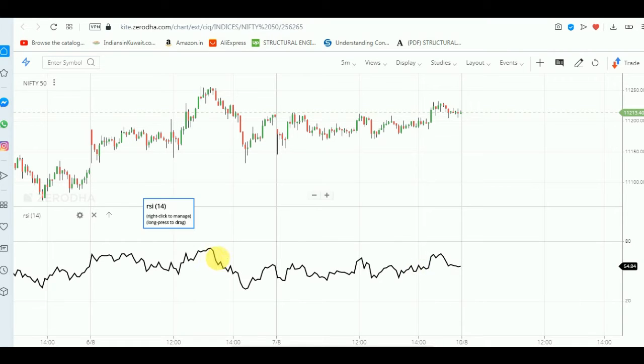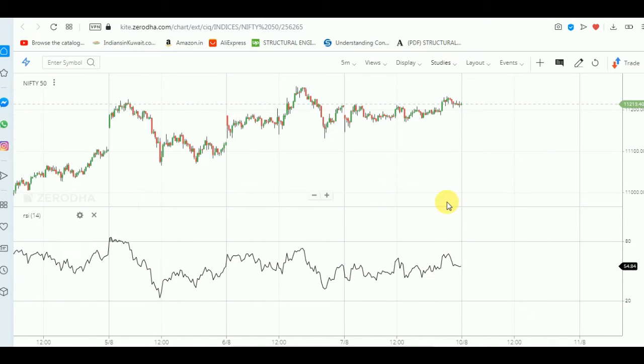And if this RSI moves above 80 levels, it means the particular script has been overbought, the price has already gone up, and now there is a great chance of moving in the downward direction. That is the interpretation of this particular indicator.